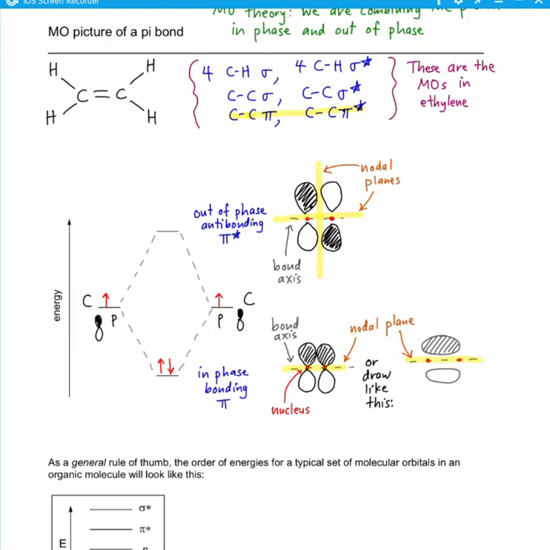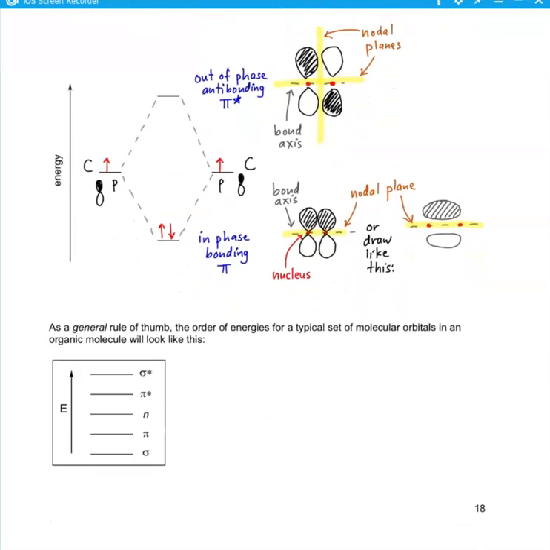Now, in general, when we think about the molecular orbitals in an organic molecule, there's going to be a particular set of molecular orbitals that every molecule will have. The general rule of thumb for the order of their energies is the following. The lowest energy is sigma, followed by pi, then any non-bonding orbitals you may have.